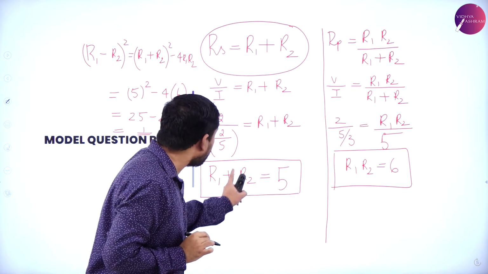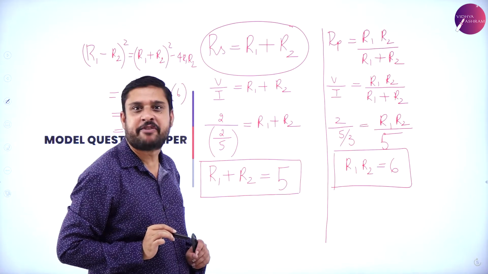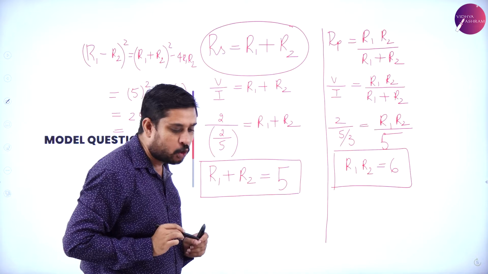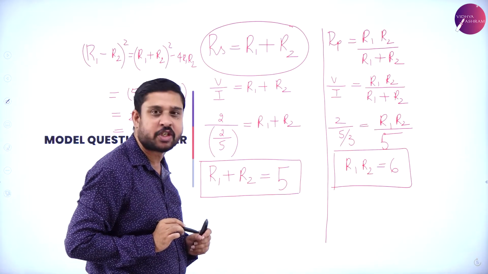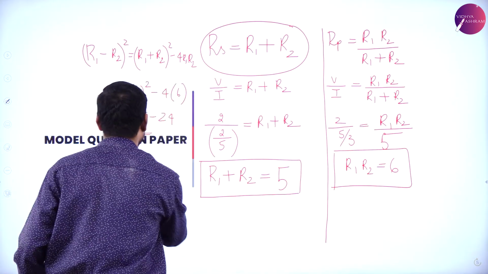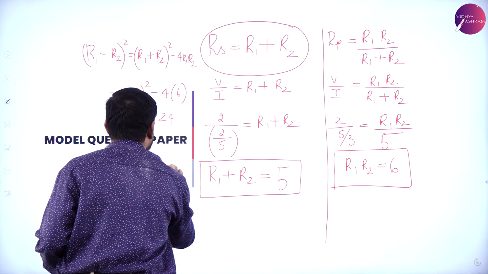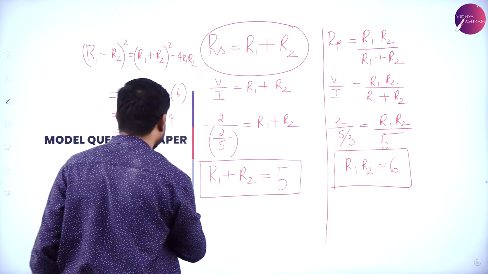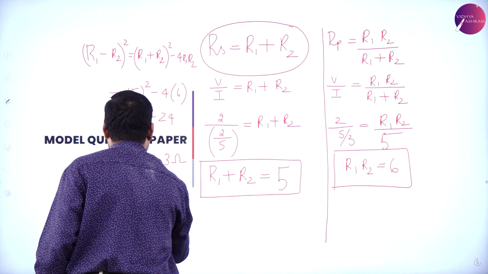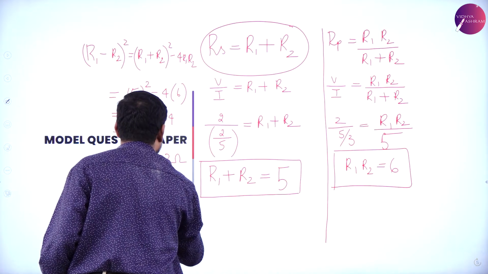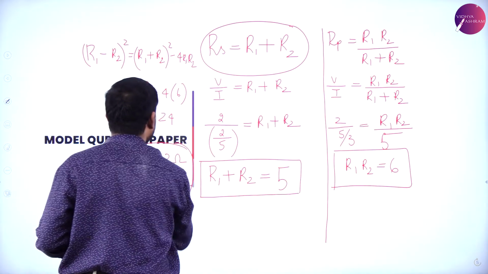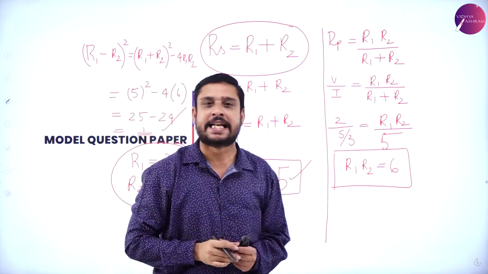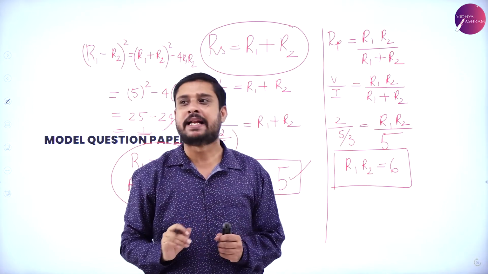Now I have the value of R1 plus R2, which is 5, and R1 minus R2, which is 1. Two simultaneous equations. Solve them. You get R1 is equal to 3 ohms and R2 is equal to 2 ohms. So, on simplifying the simultaneous equations, we get the value of R1 and R2.